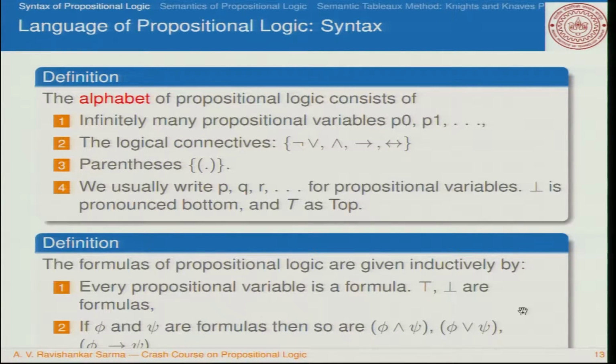CAT makes sense to us, but TAC, for example, does not make any sense. In the same way, in propositional logic, these strings combine in certain ways and form meaningful things. So these are the definitions that we have. How can we say that a given formula is a well formed formula?